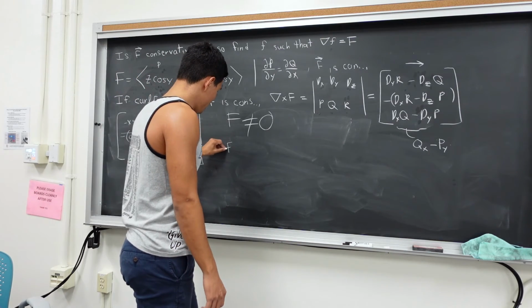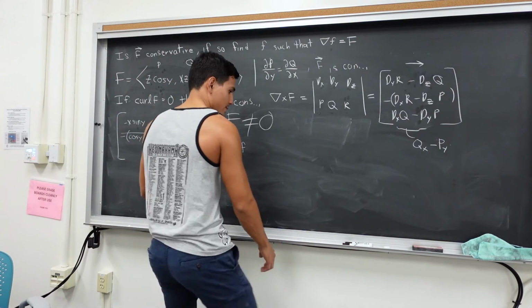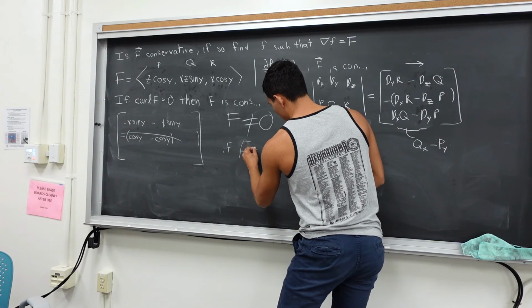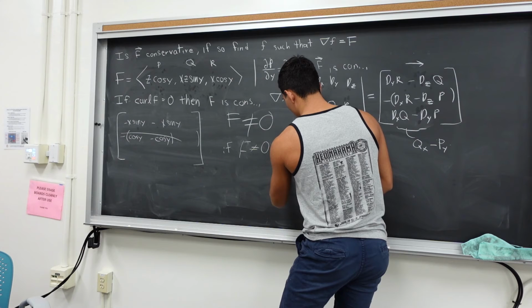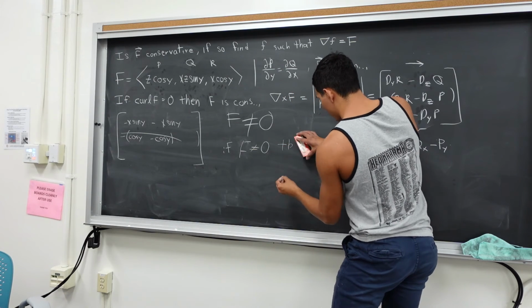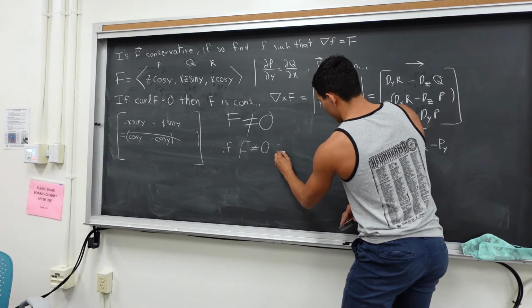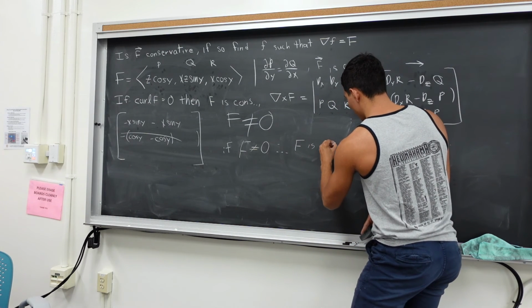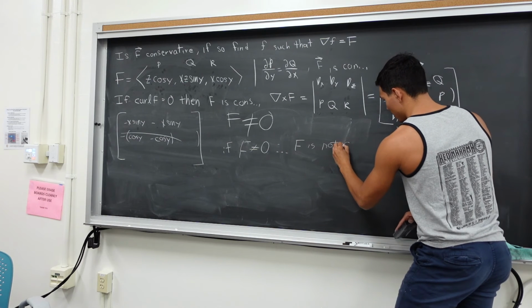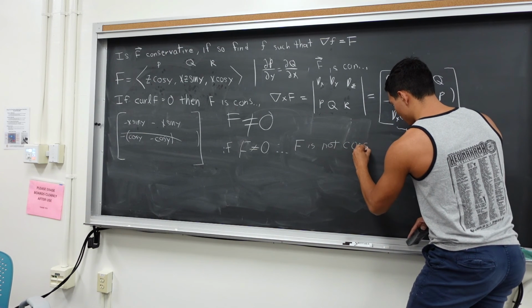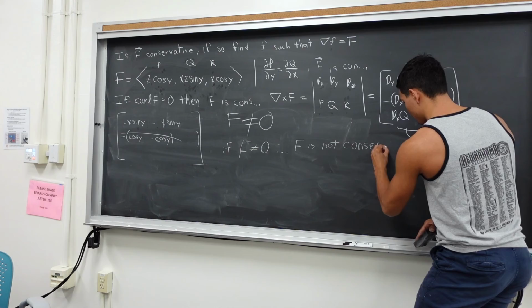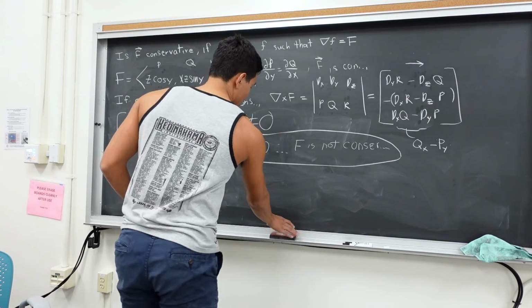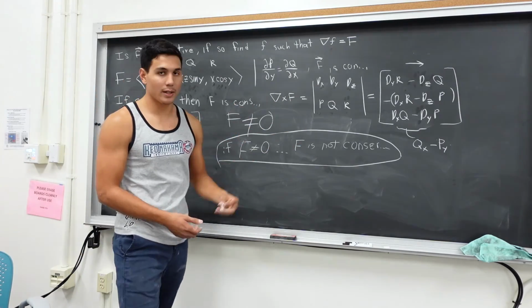So if curl F does not equal 0, then F is not conservative. That's your answer. That logic is true, right? There we go.